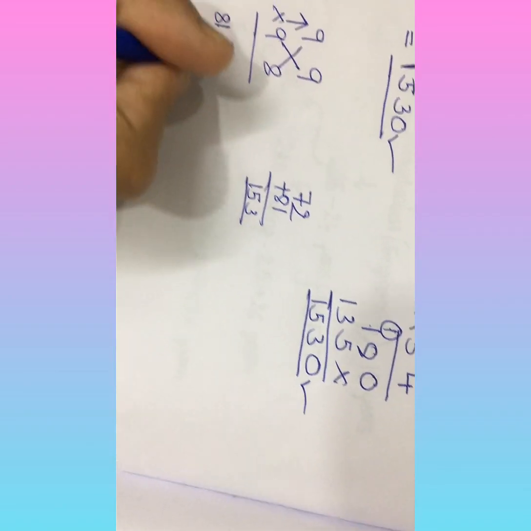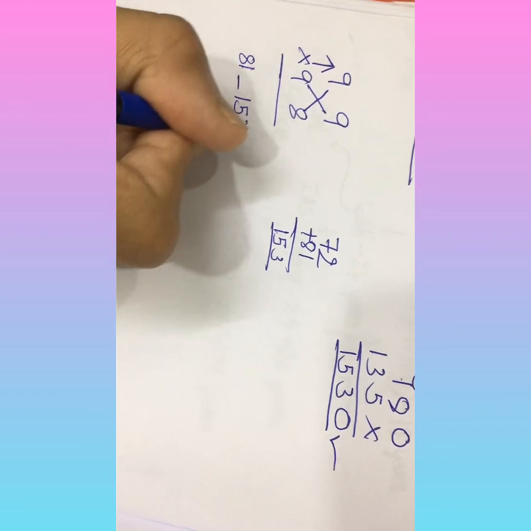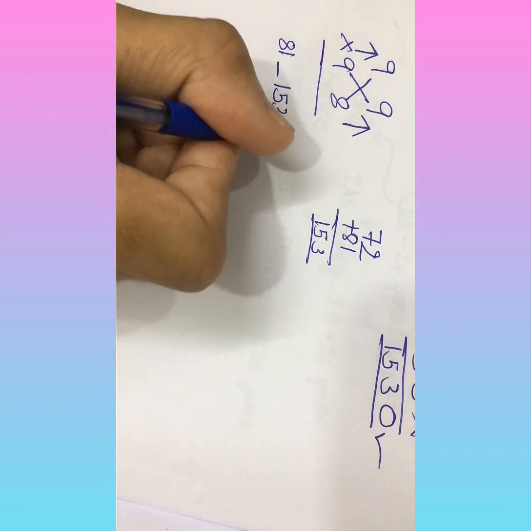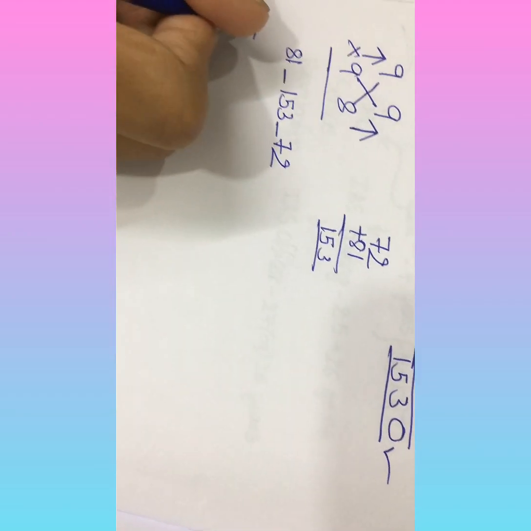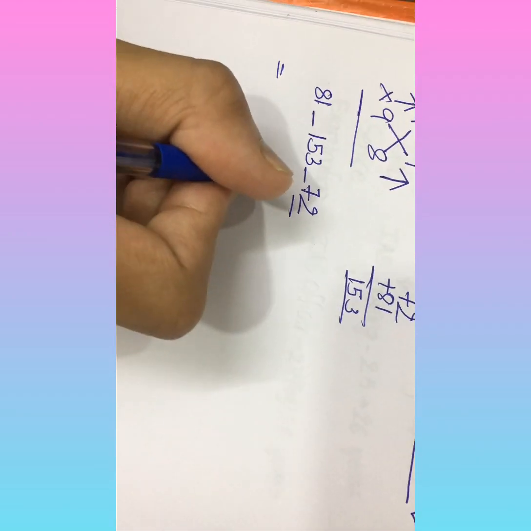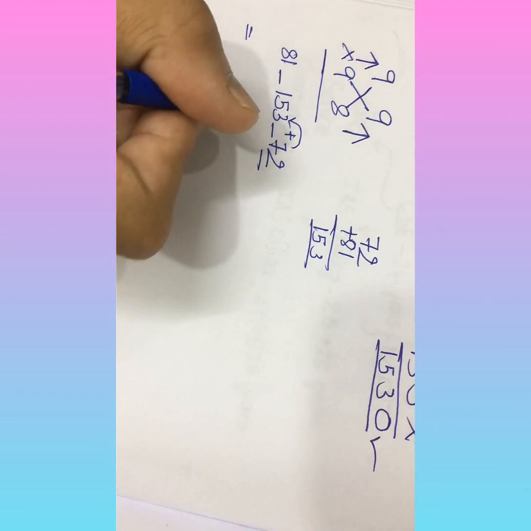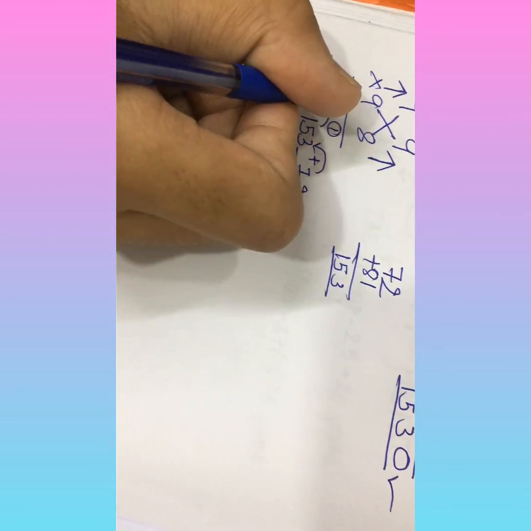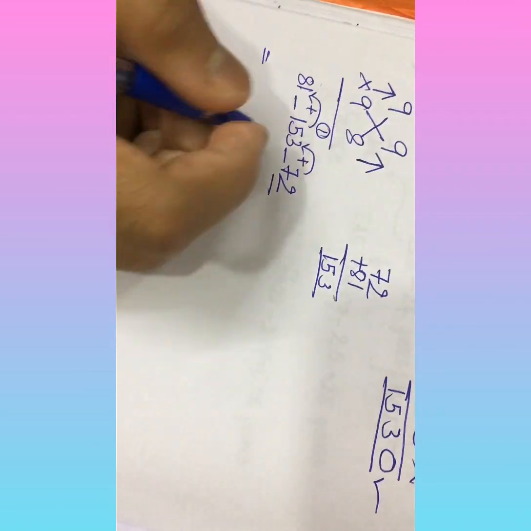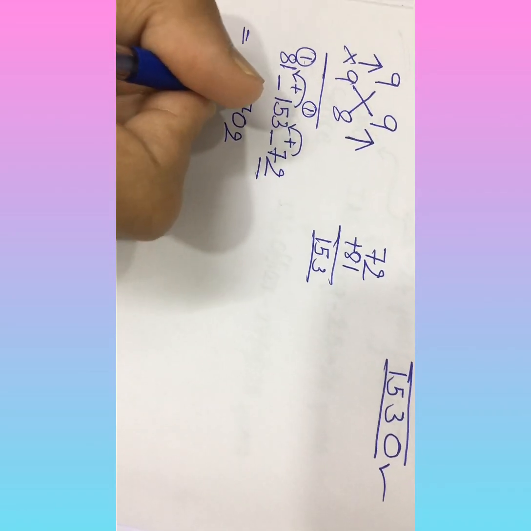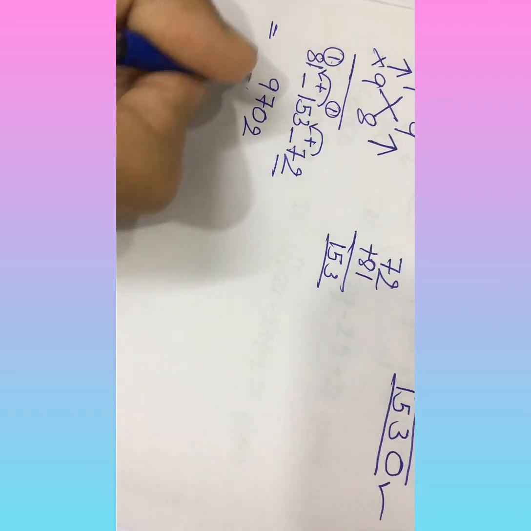So here we write 153. And the last step is we multiply 9 into 8, that is 72. Now while writing the answer, 2 as it is, 7 plus 3, that is 10, here 1 carry, and 15 plus 1, 16, plus 1, 17. So 7, here 1 carry. So we'll get the answer 9702.